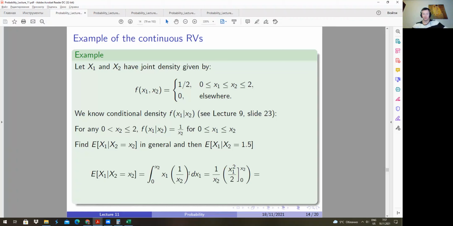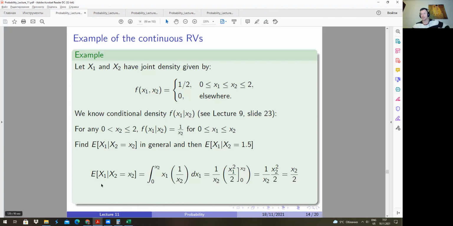So first step here, I take 1 over x2 out of the integral because this is treated as constant. And the integral of x1 is x1 squared over 2, evaluated between these 2 points. So I plug x2 in place of x1, and x2 squared over x2 gives me just x2 over 2.